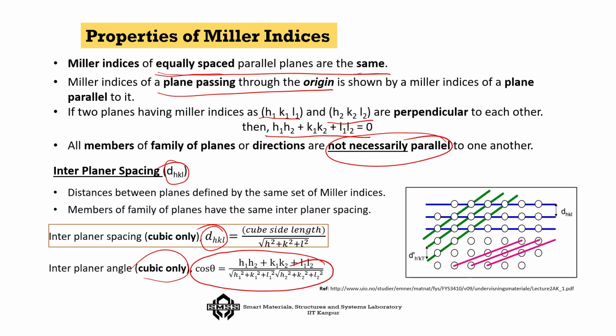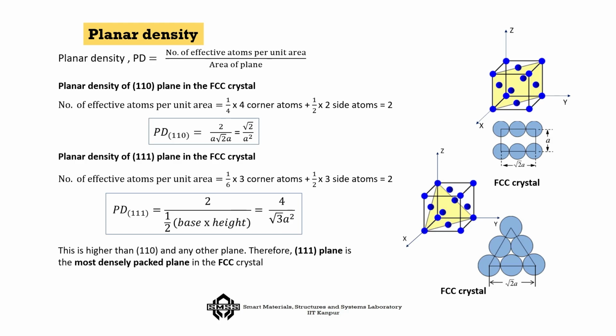So, interplanar spacing and interplanar angle you should be able to calculate once you know the Miller indices of a plane.